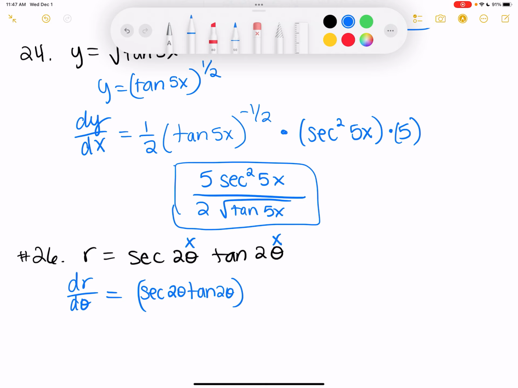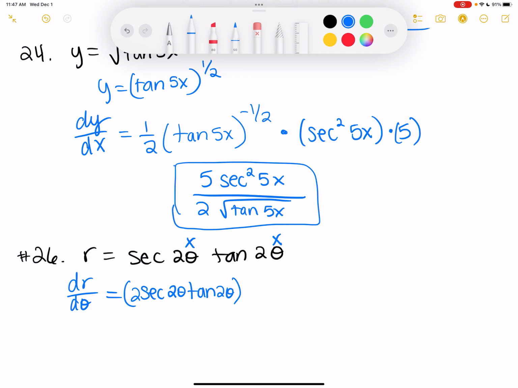times the second, so times, oh, well, hold on. That's not all of the... What is the derivative? I'm just going to throw it out front. What is the derivative of 2 theta? So I'm just going to write the 2 out front for the sake of space. Okay, so I've accounted for the chain rule now in the first part of the product rule.